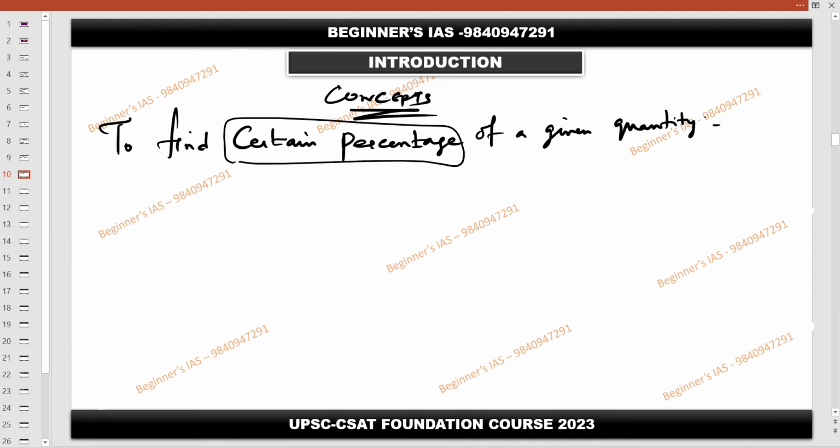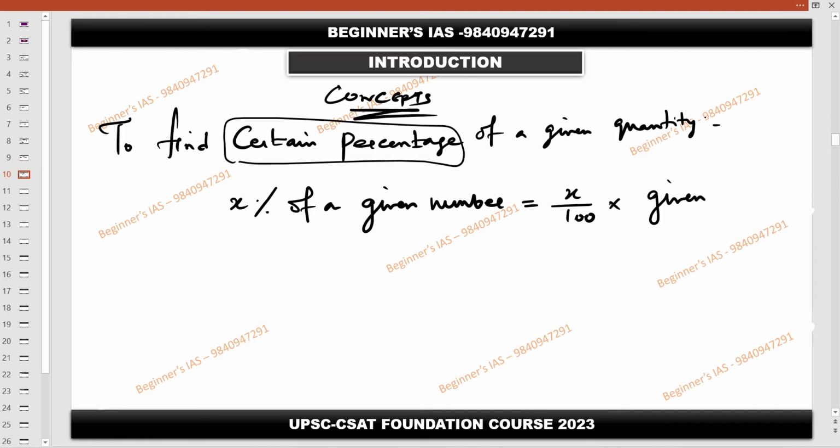That percentage we don't know, so that is X percentage. So X percentage of a given number. X percentage means x by 100. Multiply that with the given quantity, then you will get the answer in a simple manner.